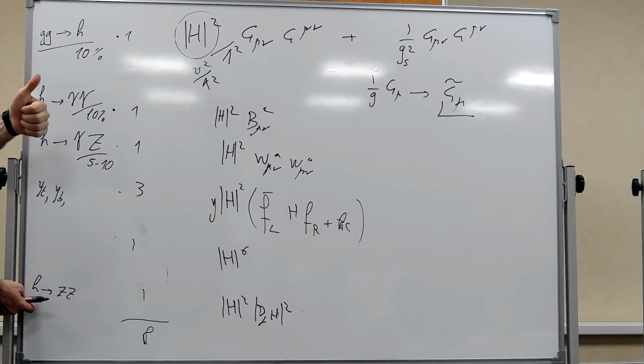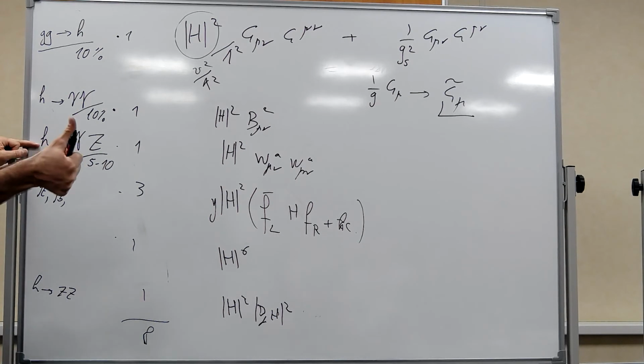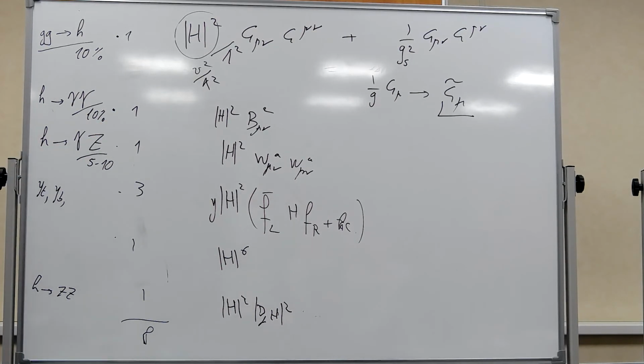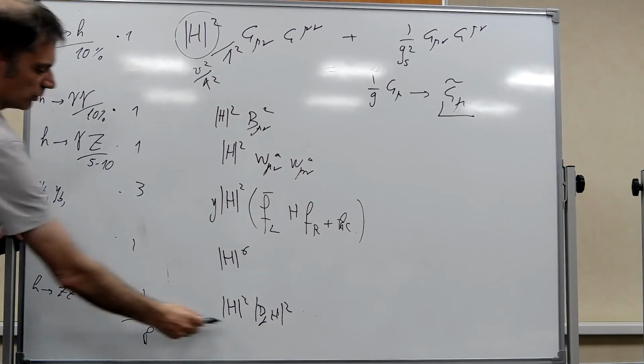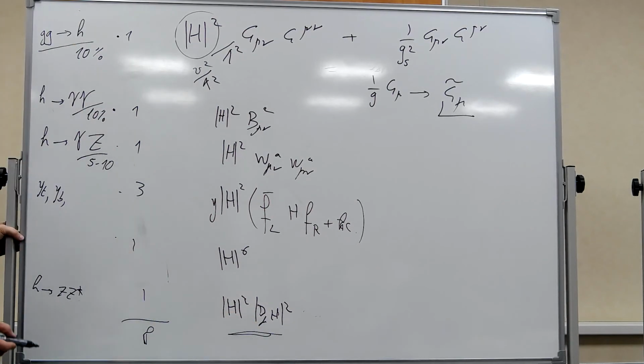So this is an effect that goes like 1 over lambda squared, where lambda is the suppression scale of this operator. This is of order 1 over lambda to the fourth. So that's why it's much more difficult actually to constrain the CP violating deviation of the standard model.